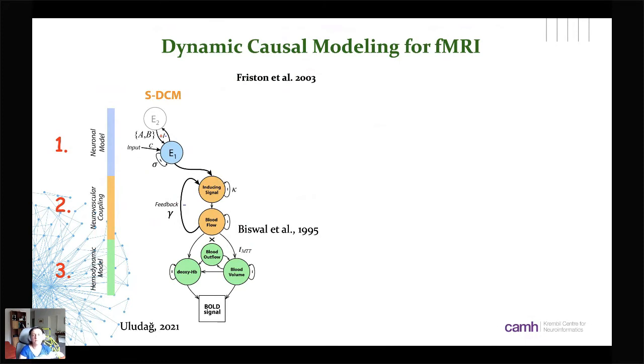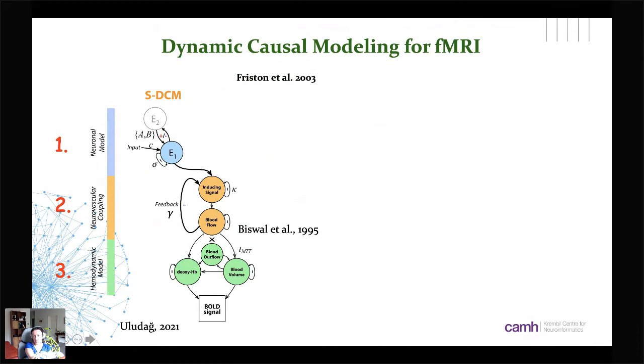So basically, it says that neural activity creates an inducing signal, s(t), that drives blood flow in a linear manner, shown here. So this is the neuronal model, which we've talked about, and number 2 here we have this neurovascular coupling, driving the blood flow in a linear manner.